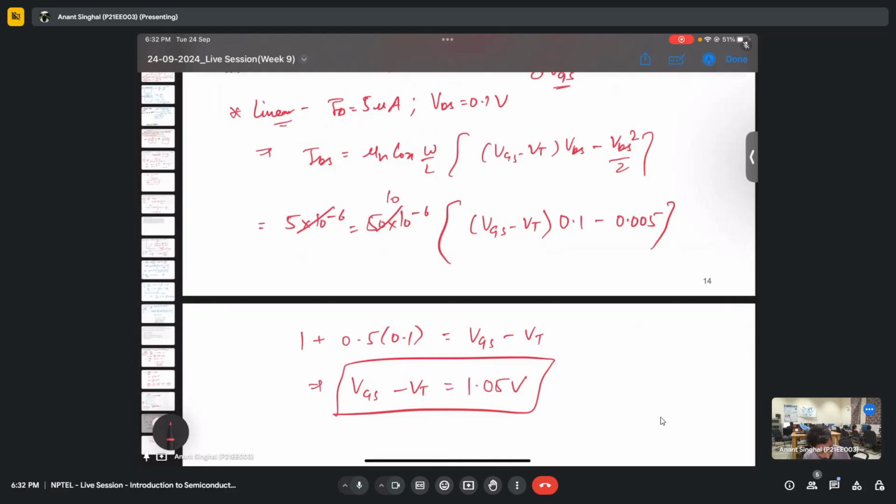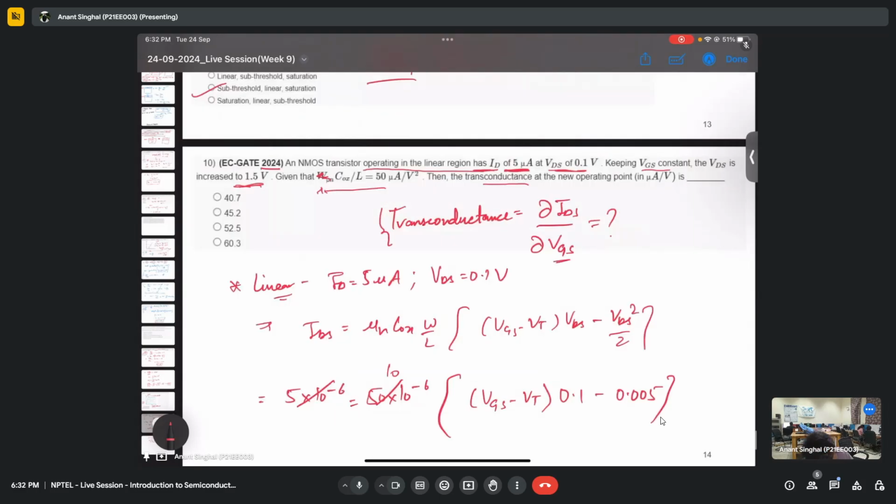Yes, sir. Now the question says that keeping the VGS constant, the VDS is increased to 1.5. So VDS is 1.5 and VGS minus VT is 1.05. So the transistor is in saturation, right?